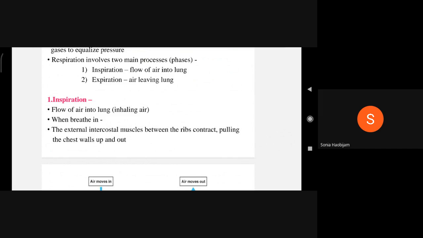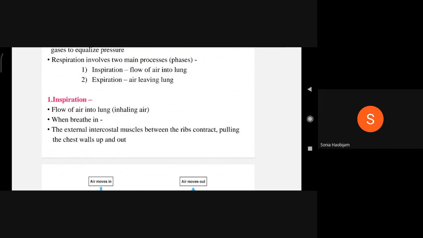When we are breathing in, meaning when we are inhaling, our external intercostal muscles are contracting, and our chest walls are coming up and out, meaning our chest walls are elevating. Okay, our clavicle bone is coming up.